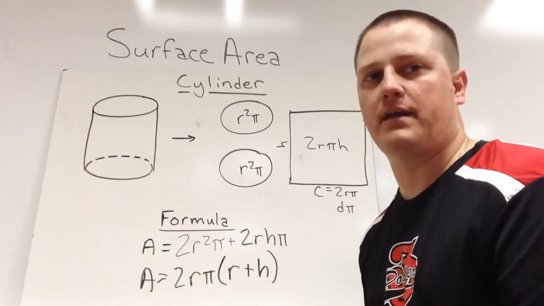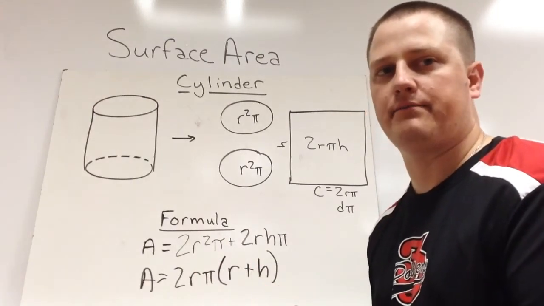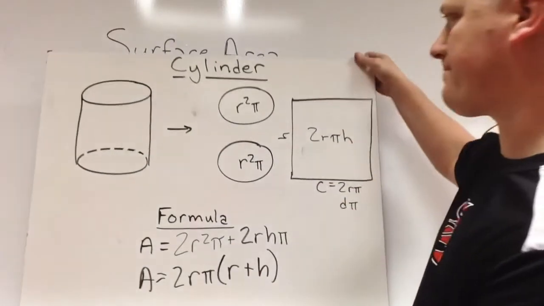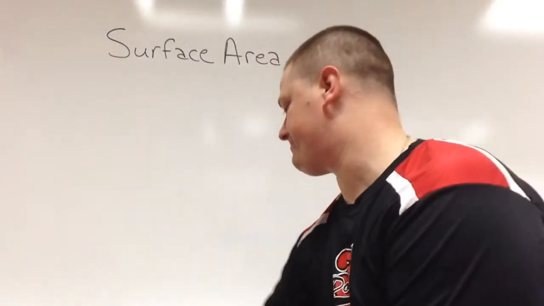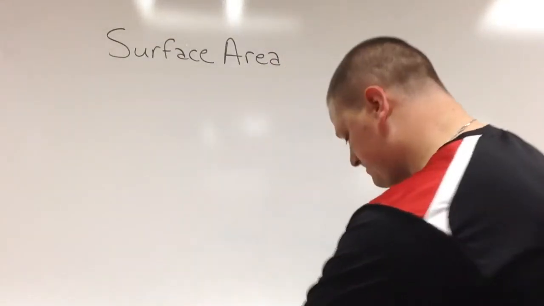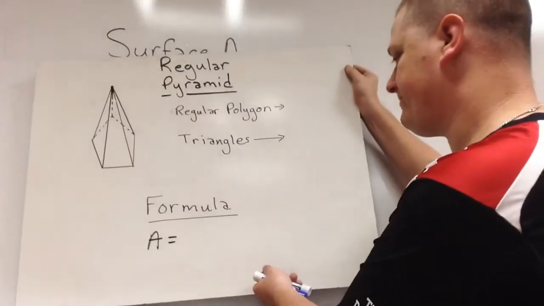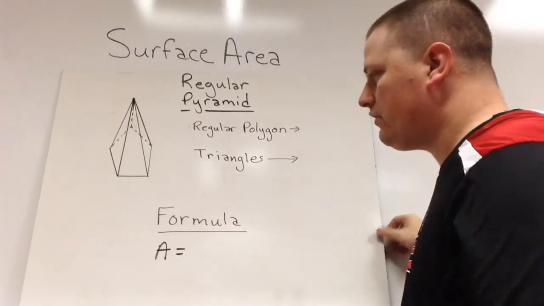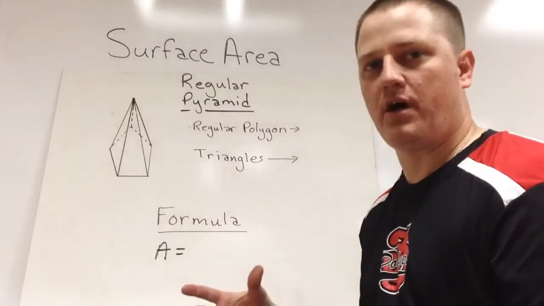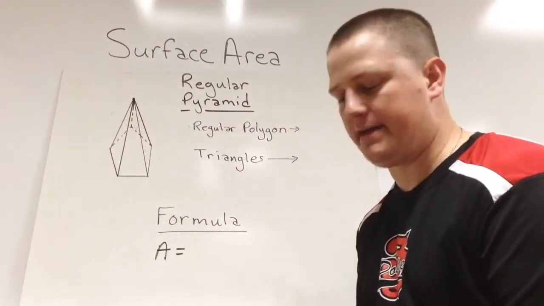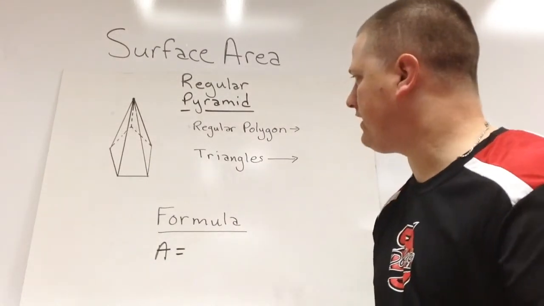Now let's look at a regular polygon, or a regular pyramid. So a regular pyramid, I didn't draw it all out because it's actually not that difficult to kind of figure out as we go.